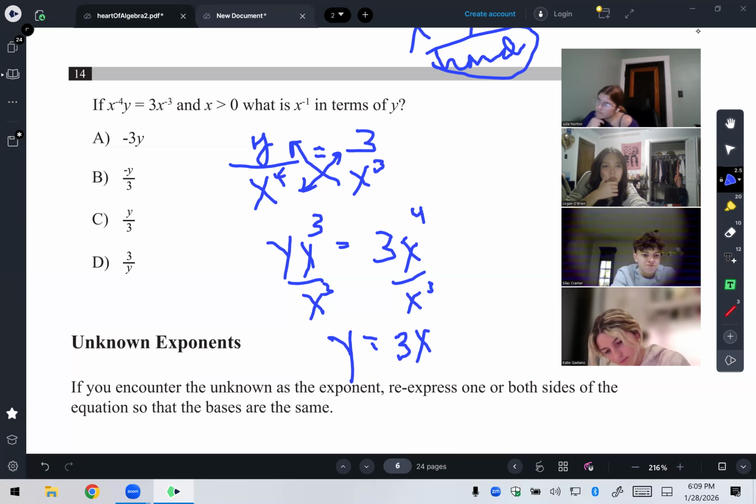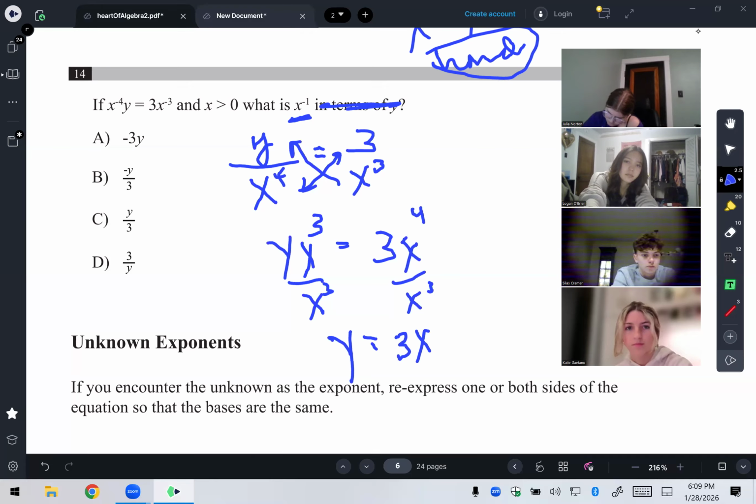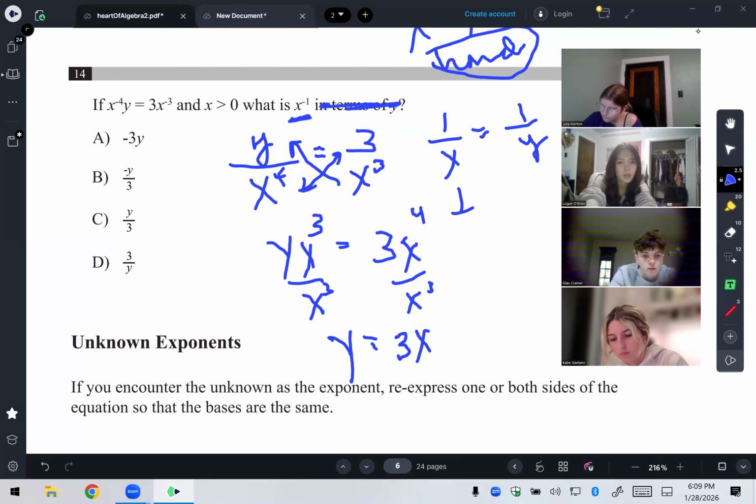But the problem was nasty. It asked for x to the minus 1. And this would be very much at the end of the test. So that's just 1 over x, right? So to get 1 over x, that's going to be 1 over y, basically. So I'll do 1 over y.